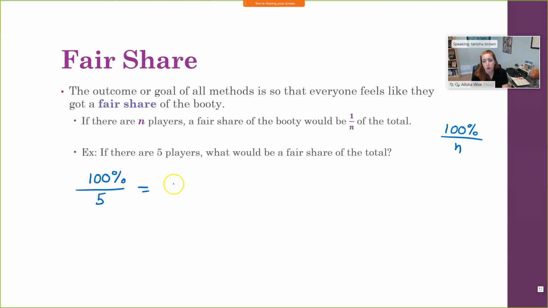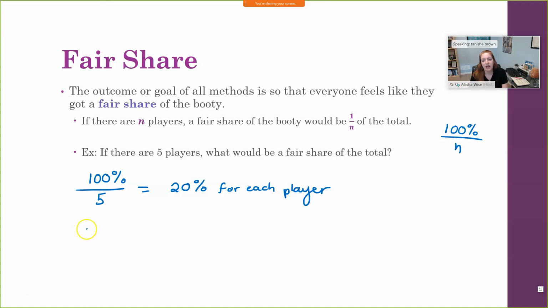That would give us 20% for each player. So if you're trying to divide up an estate and there are 5 kids, you need to make sure that everyone gets 20% of the goods. And now remember, each person might value something a little bit differently, but they deserve at least 20% of what they value, in other words.